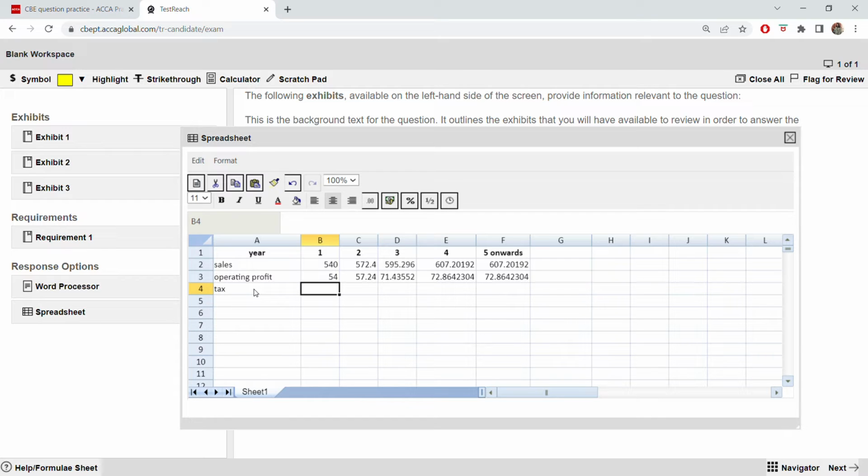We have a way of formatting it. So just write 16.2. Just write the number in a positive way. Okay, sorry. We need to calculate tax 30% of the operating profit. So equal to 0.3 multiply by this amount, enter. Okay, now tax is 30%, so you can just drag it to the other cell.